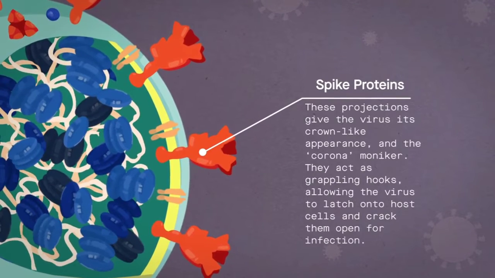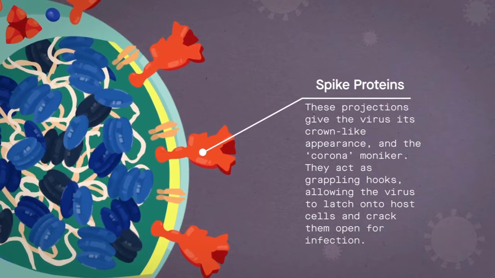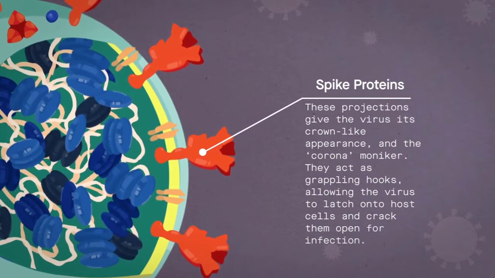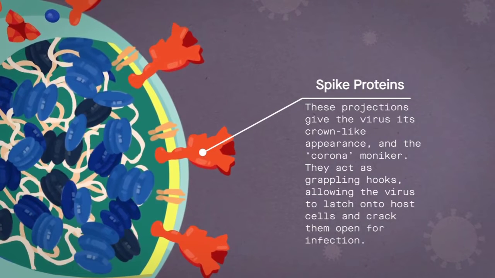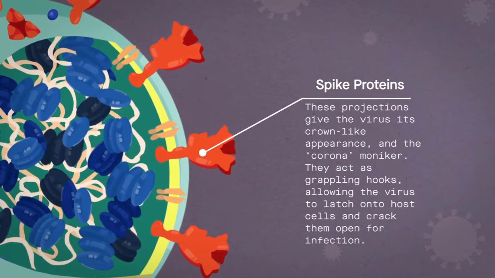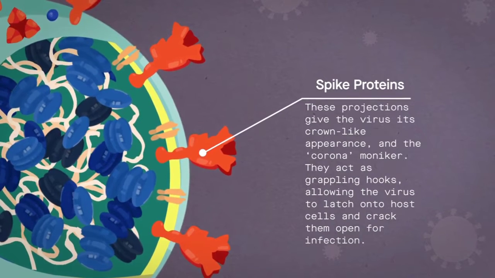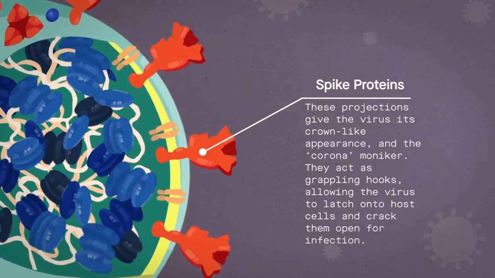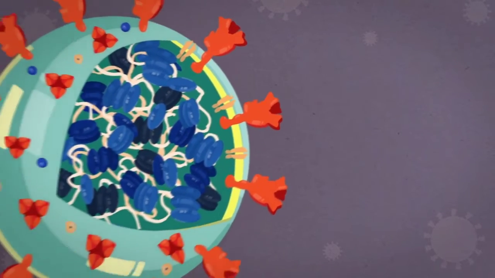This fringe of proteins gives the virus its crown or halo-like appearance under the microscope, from which the Latin name corona is derived. The spike proteins act as grappling hooks that allow the virus to latch onto host cells and crack them open for infection. Like all viruses, coronaviruses are unable to thrive and reproduce outside of a living host.